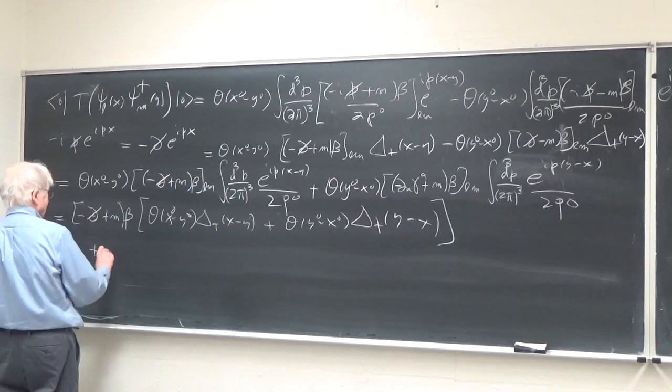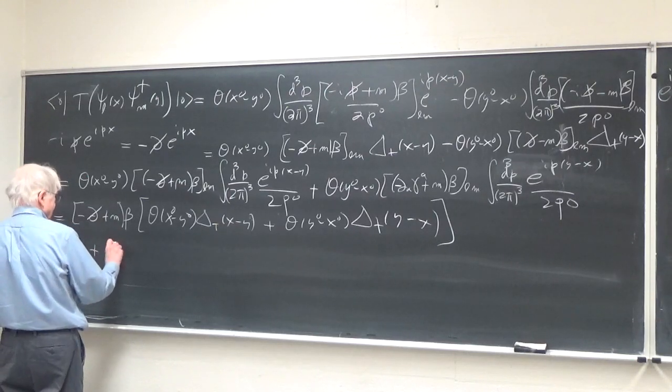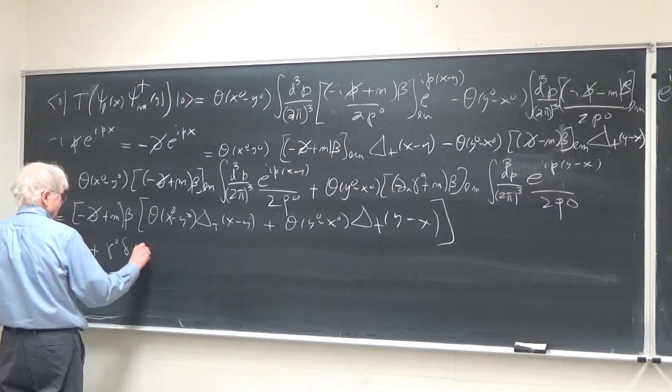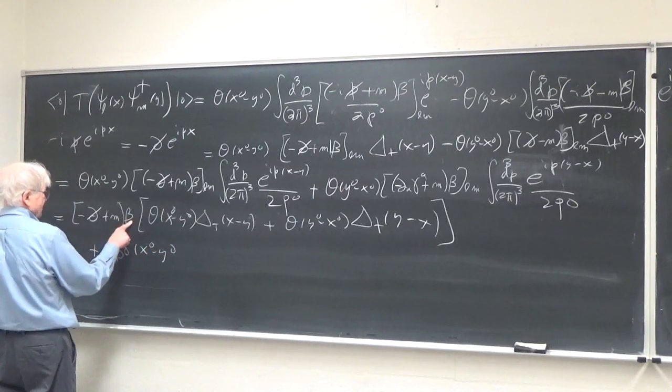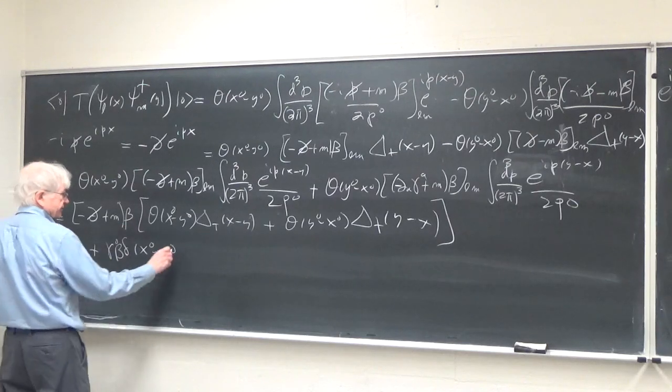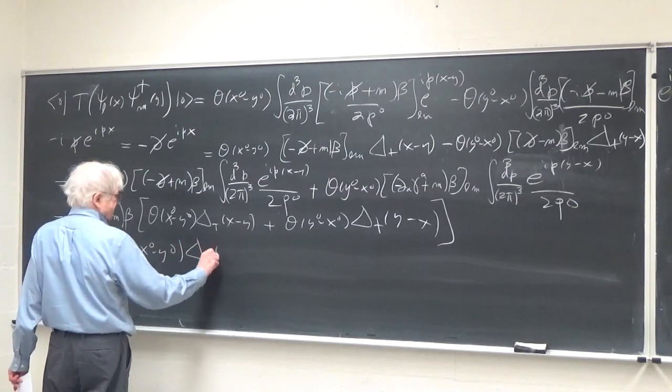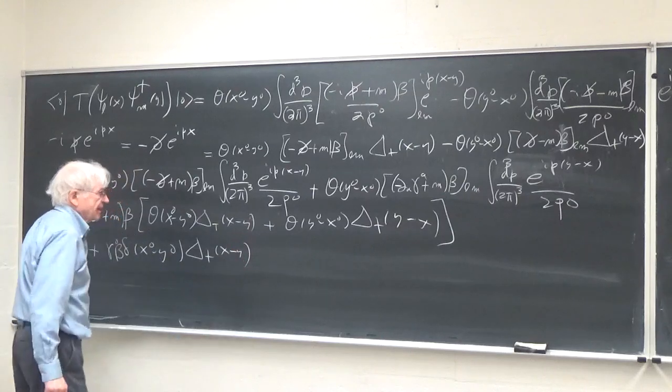So we have to add in plus gamma 0 delta(x0 minus y0) gamma 0 times beta delta plus of x minus y.